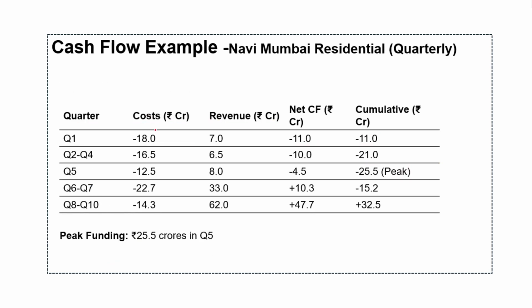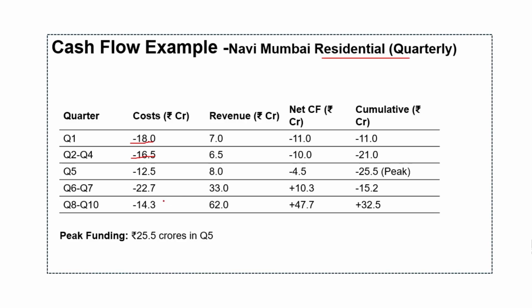So here we can see that in the first quarter we lost, then in the second we are still losing. This is a residential project example, Navi Mumbai, and we keep on going like this.